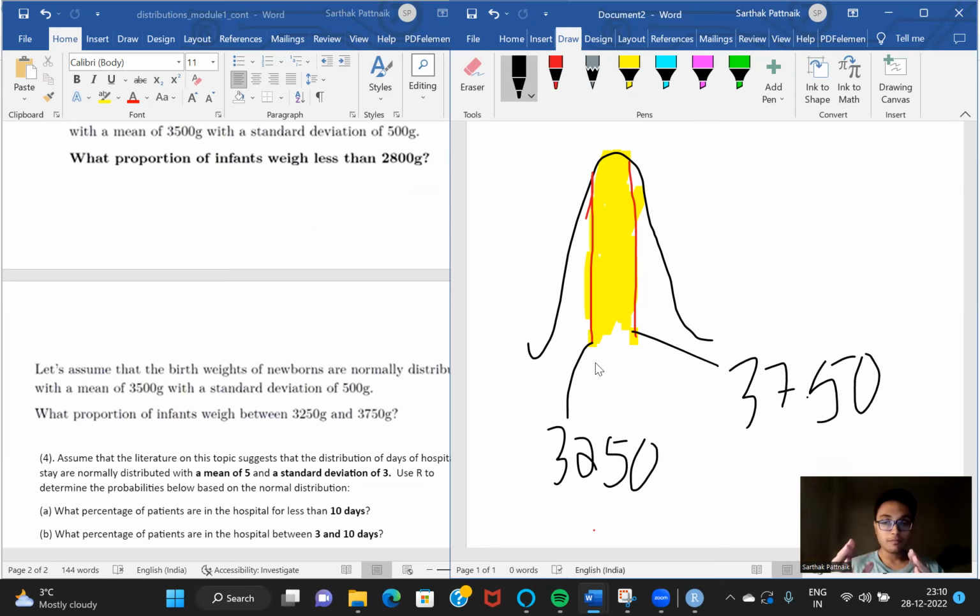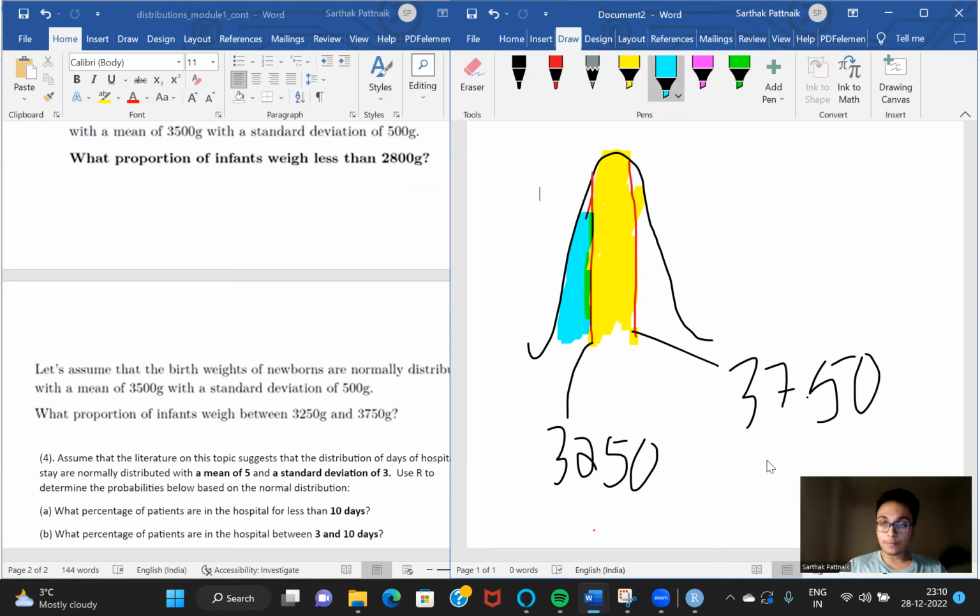Now, the proportion behind 3250, which is this area, I'm marking in blue. I can calculate this using pnorm of 3250, comma mean, comma standard deviation.